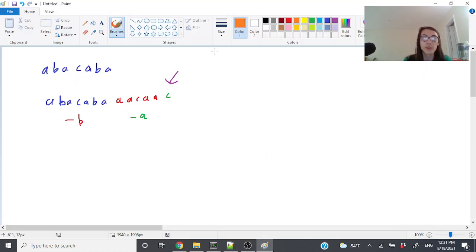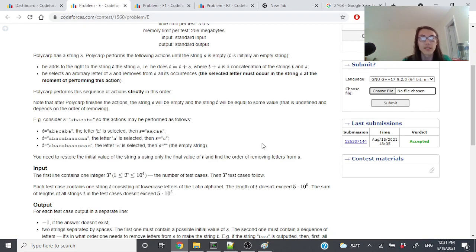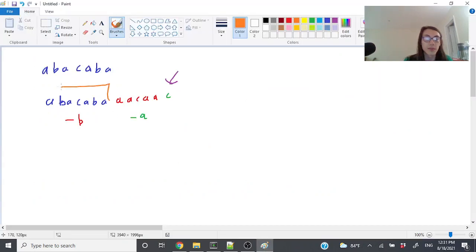The number of distinct characters in S is just the number of distinct characters in T, because every character in S is going to show up in the first part of T, and there are no other characters.